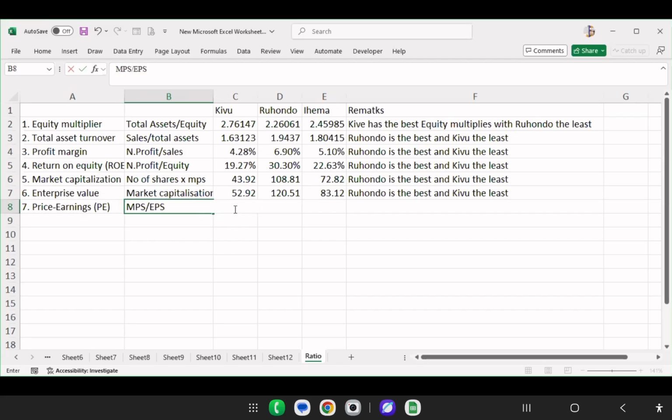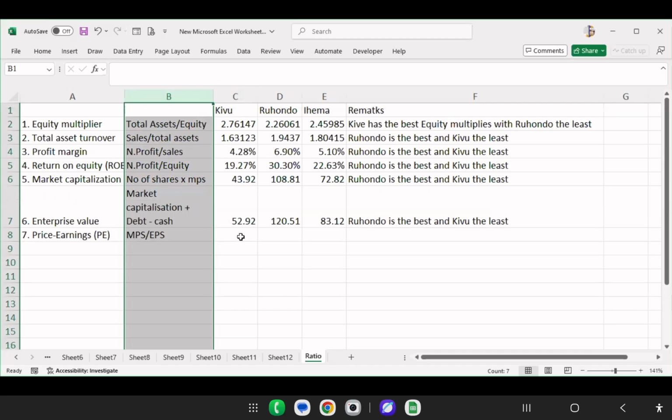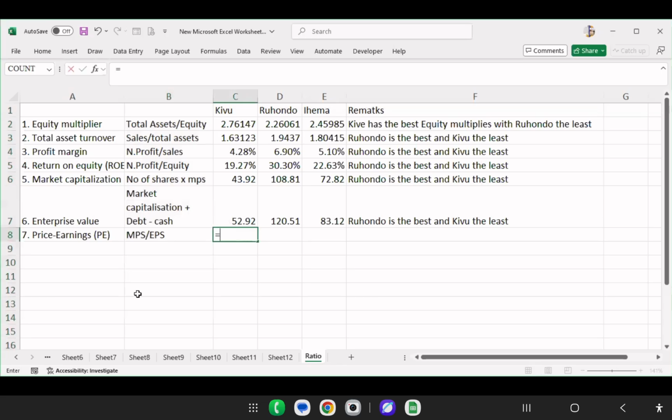Market price per share over the EPS. So price earnings ratio is equal to the MPS. Go to the question again. Price per share 48.8. Do we have the earnings per share? Are we given the earnings per share?